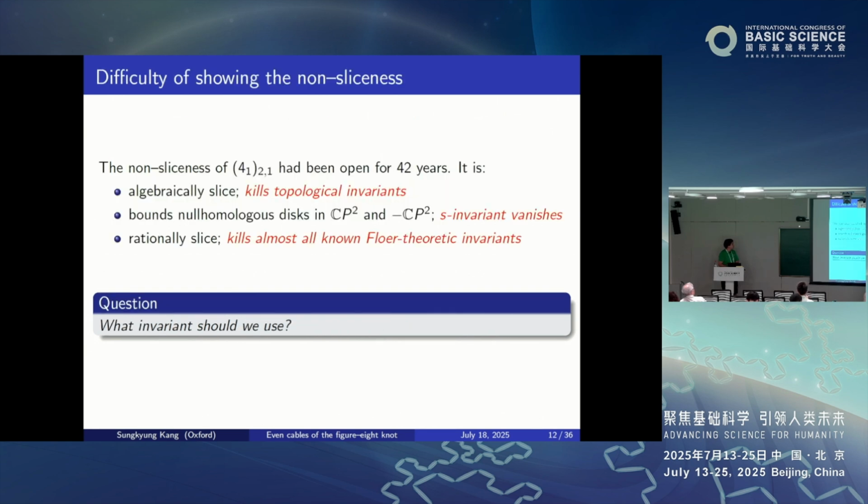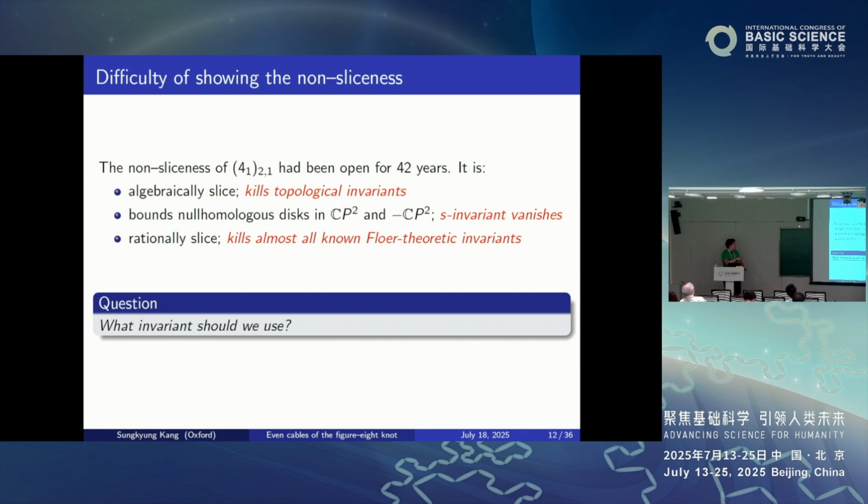And then let's briefly, before going to the proof strategy, discuss why this has been difficult. It has been open for 42 years, so there has to be a reason. The brief reason is that algebraically it really looks nice. First of all, it is algebraically slice, and if your knot is algebraically slice, almost all the topological invariants vanish.